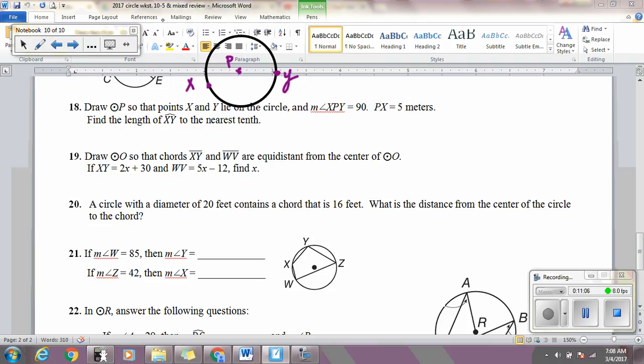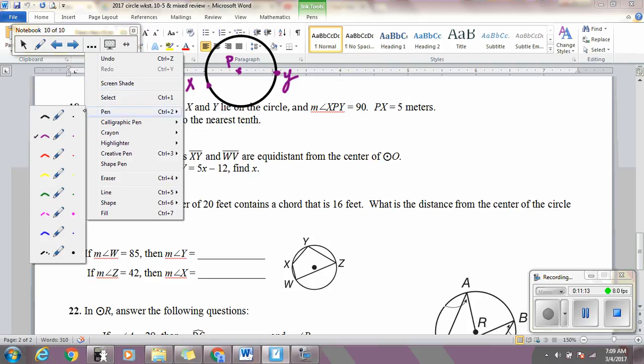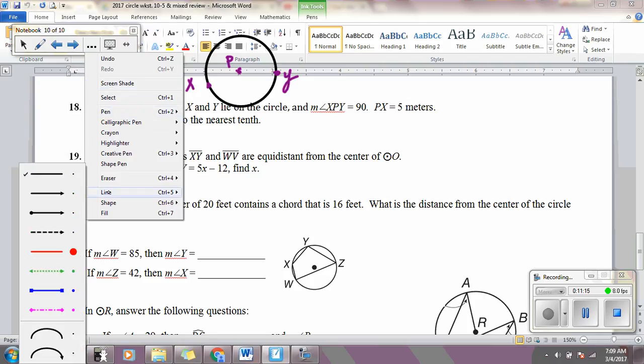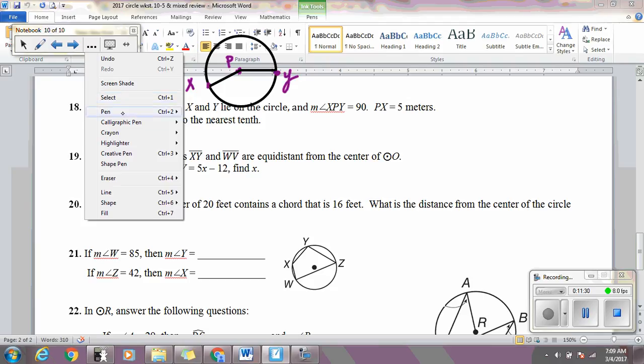It says the measure of angle XPY. So let's draw this angle, from X to P and from P to Y. It's 90 degrees.